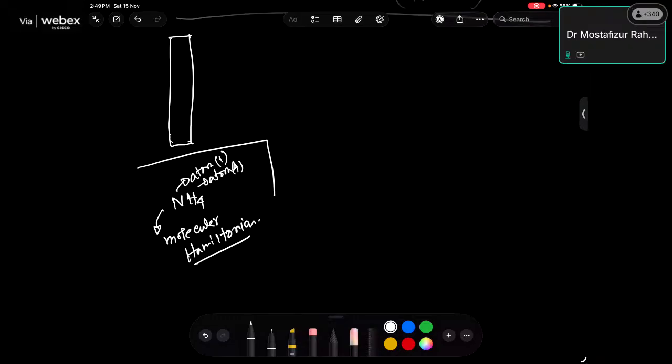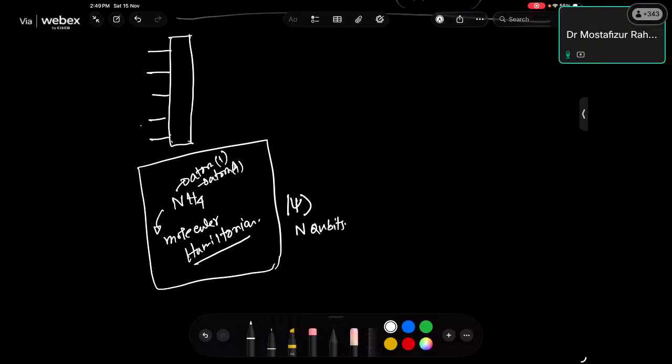So for this problem, what is the wave function representation for the molecule? Suppose it's ket psi, and suppose you need some n number of qubits, Q0, Q1, Q2 to Qn minus 1, and you have a strategy to encode this wave function of the ammonia molecule.